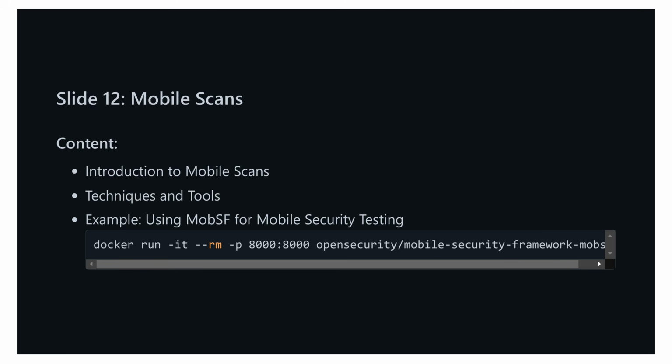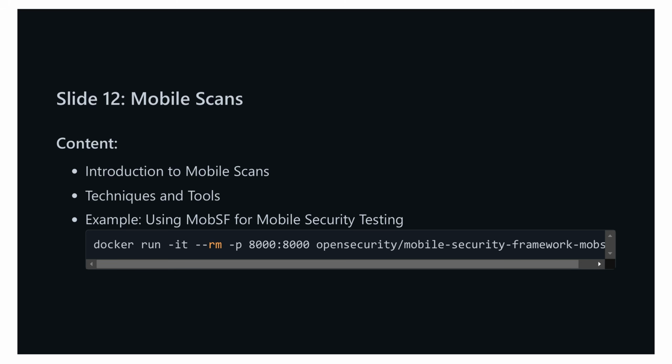One noteworthy example we will explore is MobSF, or the Mobile Security Framework. MobSF is a comprehensive tool that allows for automated security analysis of mobile applications for Android, iOS, and Windows platforms. It can perform both static and dynamic analysis and is open source, making it accessible for wide use in security testing.